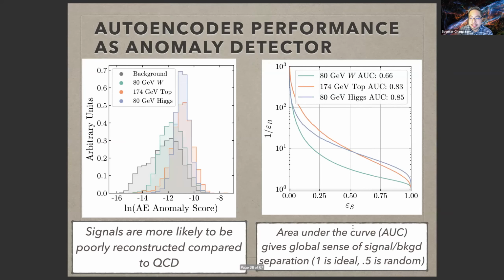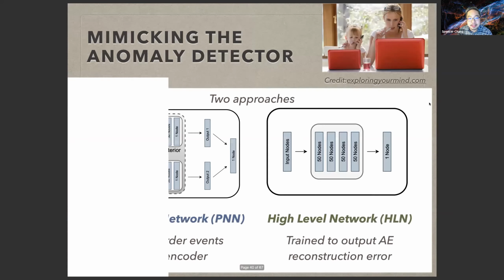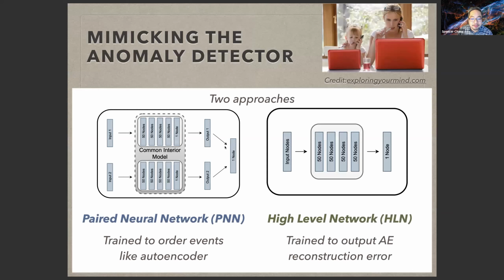Okay, good. So I think that roughly explains why this is a little easier. So we want to mimic the anomaly detector, and we came up with 2 approaches. The first approach we called a paired neural network, or PNN. It takes 2 events: energy flow polynomials from event 1 and energy flow polynomials from event 2.